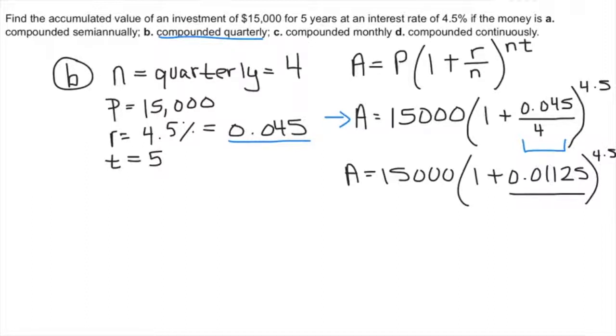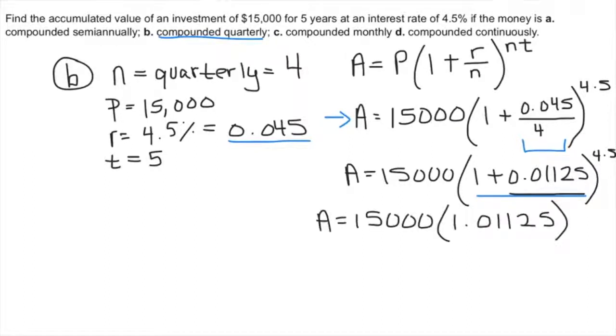Next, we'll add 1 to that decimal in parentheses. And I'm also going to multiply the 4 times 5 in the exponent position. So now I have A equals 15,000 times 1.01125 to the 20th power.